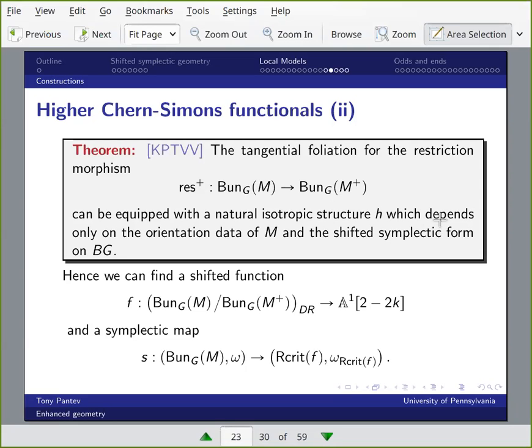It realizes the moduli stack as a global critical locus of some global shifted potential, and the symplectic structure is the same. So you need to find some natural Lagrangian foliation or isotropic foliation on the moduli stack. But I do not have a categorical construction of that foliation.